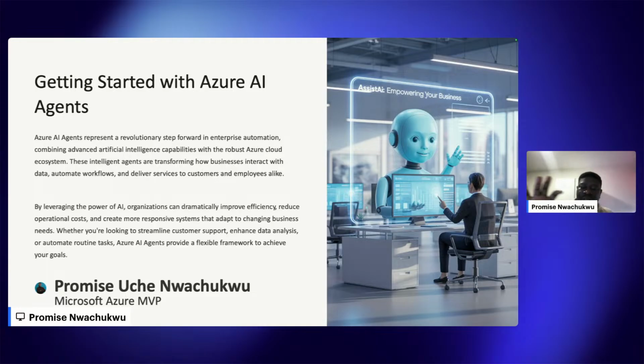What all of this is trying to say is this: AI agents are basically AI systems that help you with a lot of repetitive tasks within your organization or within your production processes. You can configure AI agents to assist you with some of these tasks.